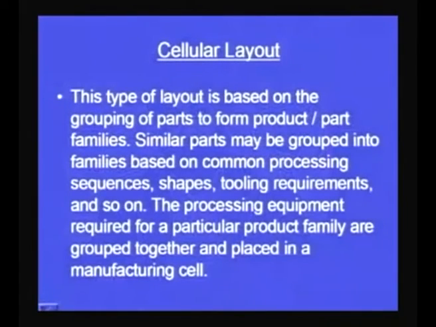Then the second criterion, of which I already gave you a brief introduction, is the shape. All the circular parts may require the same types of operation, so they can be clubbed together into one part family. Or we can say all similar components having similar geometrical features can be clubbed together into one part family. So we have seen 2 criteria.